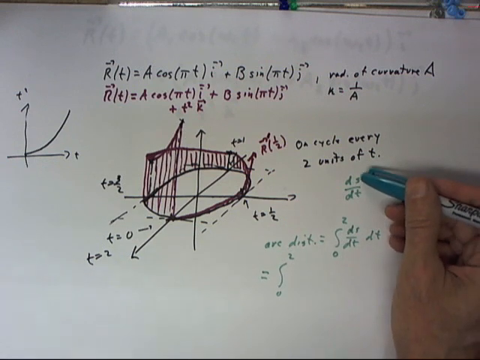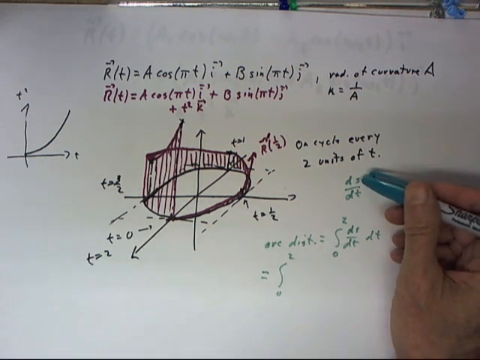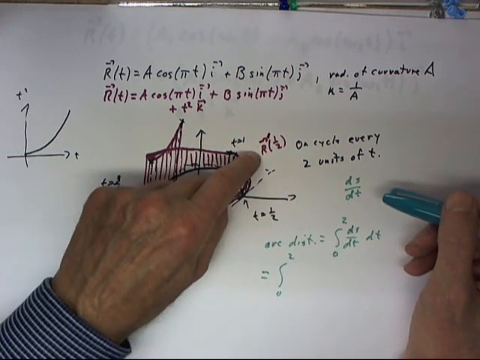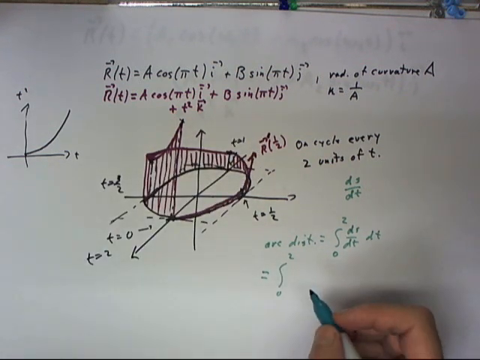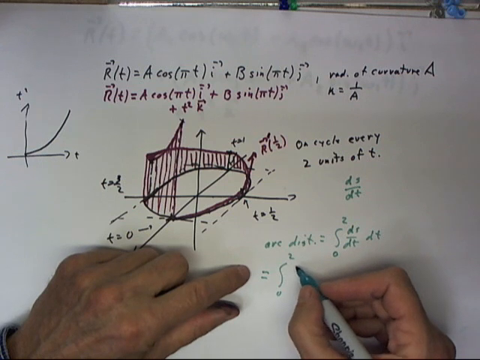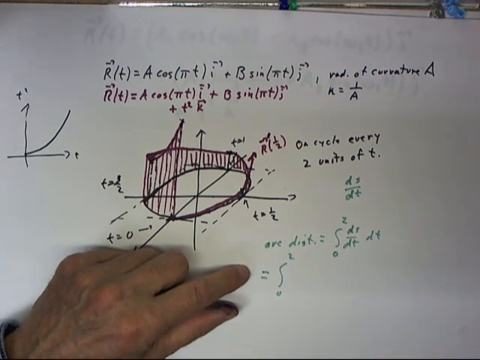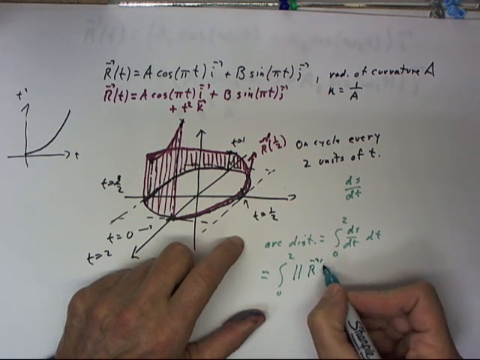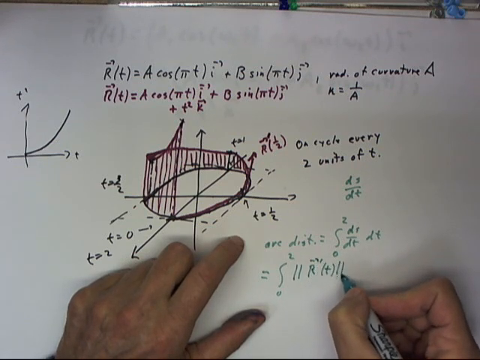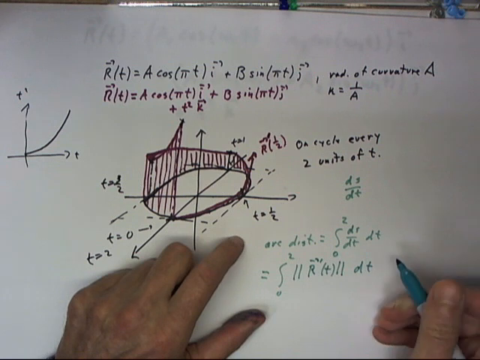So our rate of change of position, the rate at which we're accumulating distance, is nothing but the velocity vector. So we're integrating the magnitude of the r prime of t vector with respect to t.